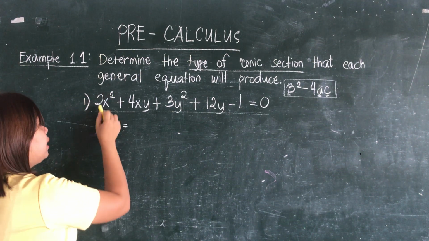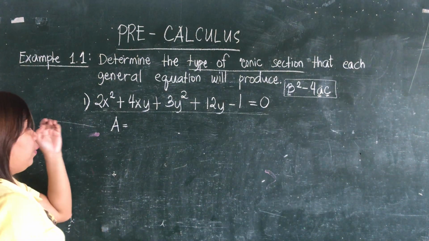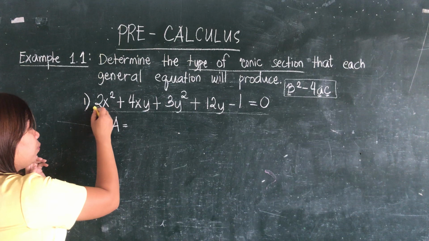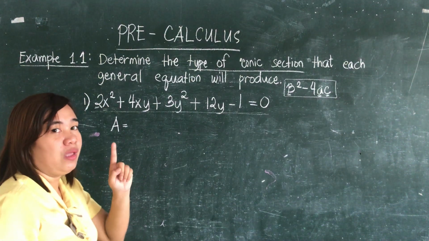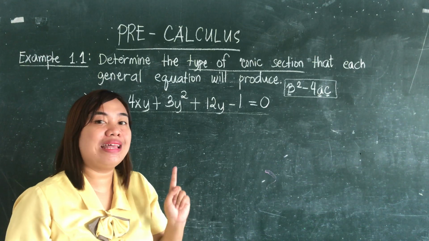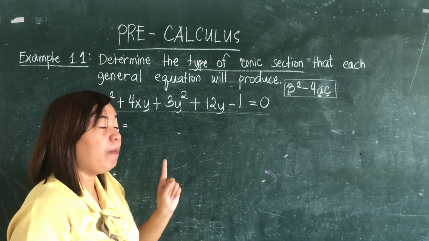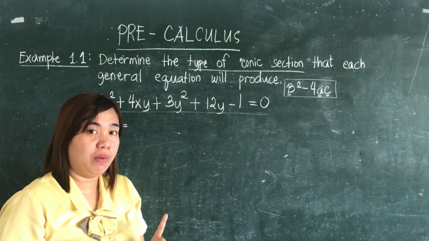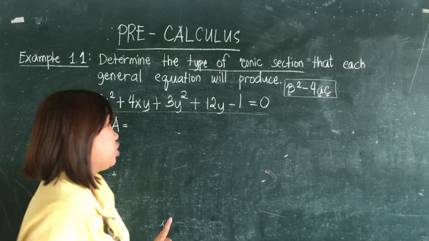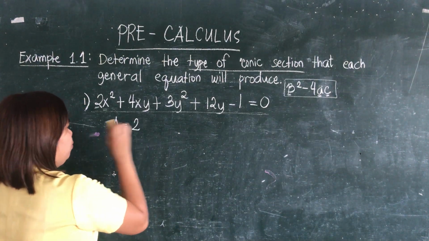Ano ba yung number na kasama ng x squared? Take note. We can see here 2. It is positive 2. Do not forget to copy also the sign of the coefficient. Kasi part siya ng number or part siya ng coefficient. So therefore, the value of a here is 2.